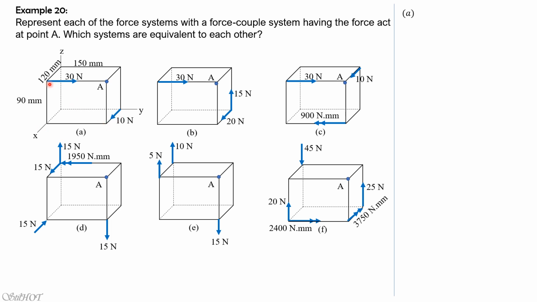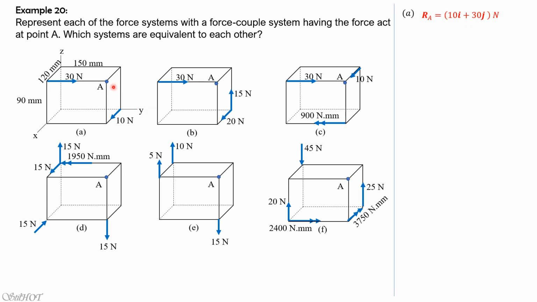Then this is towards the positive y-axis. So therefore, the equivalent or resultant force acting at A is 10I plus 30J. So R sub A in vector form is 10I plus 30J Newton.